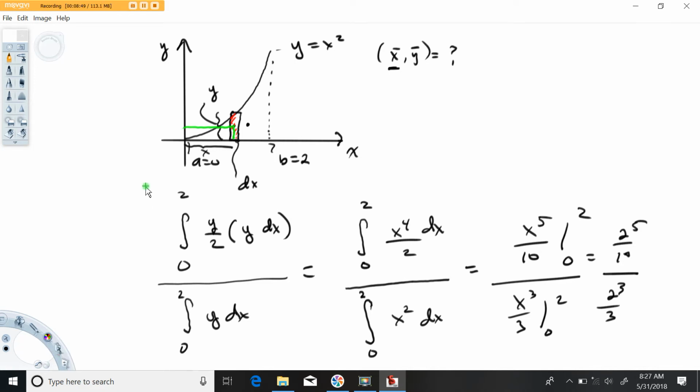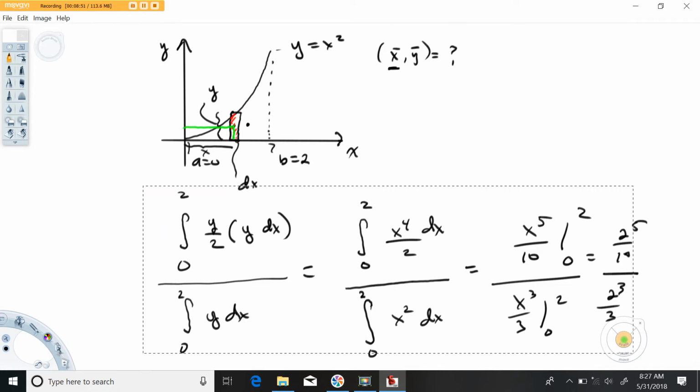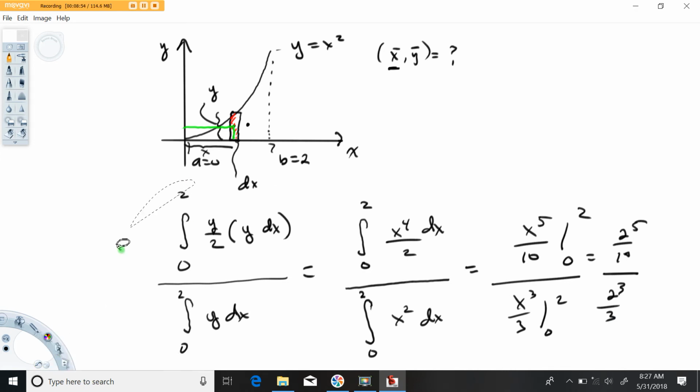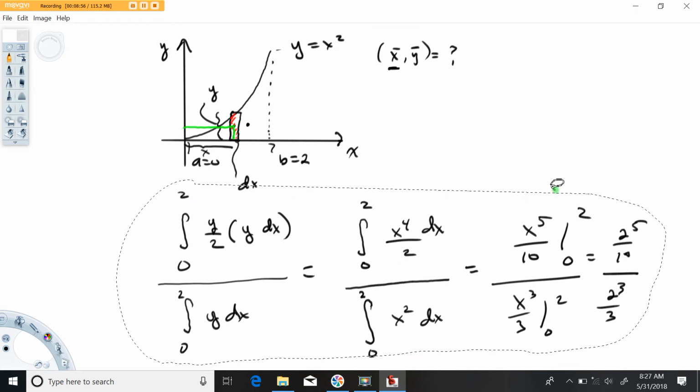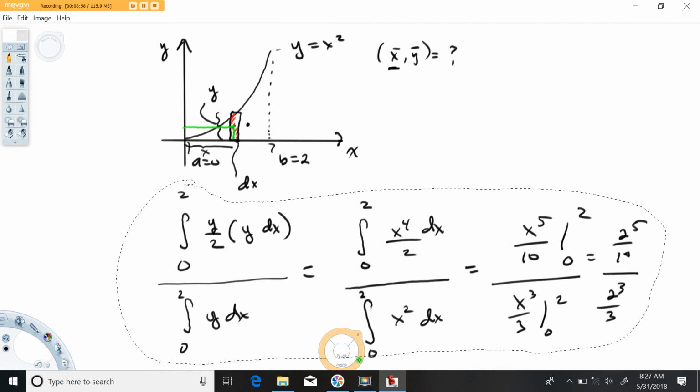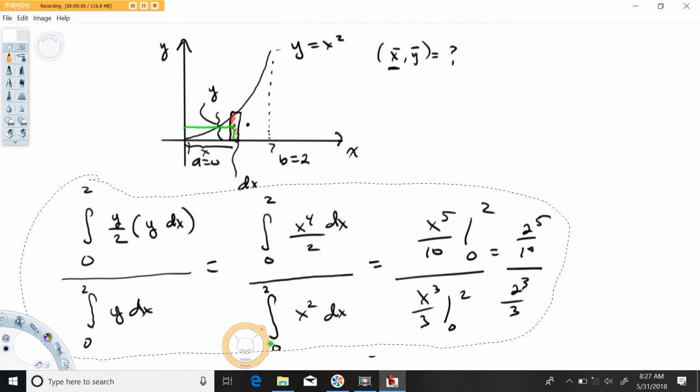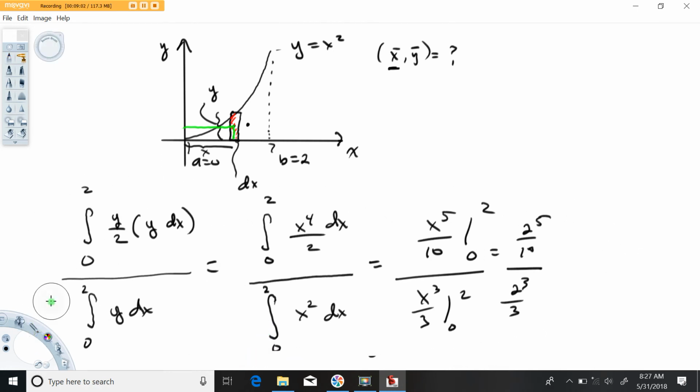I need a little more room here. Take this entire thing here and just move it over to the left some. All right. So being kind of careful here, we're going to have 3 over 10 times 2 to the fifth over 2 to the third.